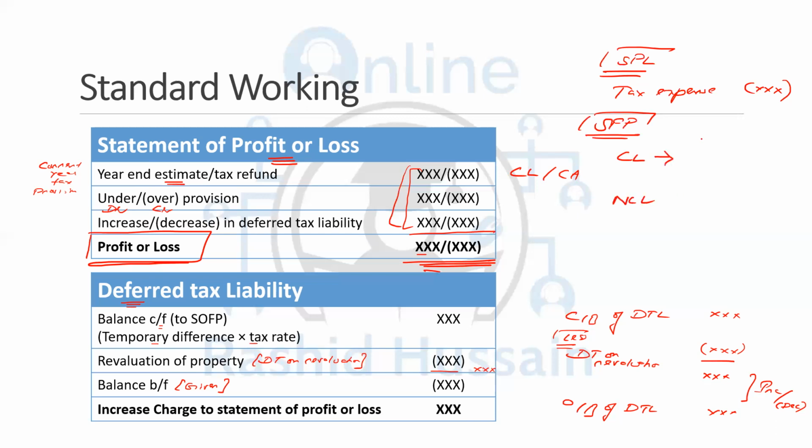The current liability is the current year tax provision, which is the current year tax estimate. In the non-current liability, you're supposed to take the closing deferred tax liability, which you are being given, or you are calculating it by multiplying the temporary difference with the tax rate. This is all about IAS 12.